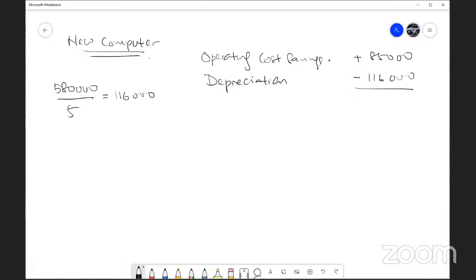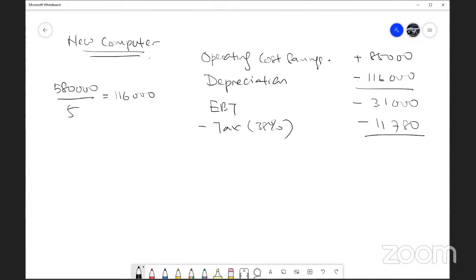Now positive 85,000 minus $116,000, you get your EBT. Of course, it's a negative figure here, negative 31,000. Minus your tax, again a tax credit, so it's negative also. Negative minus negative becomes negative plus, right?